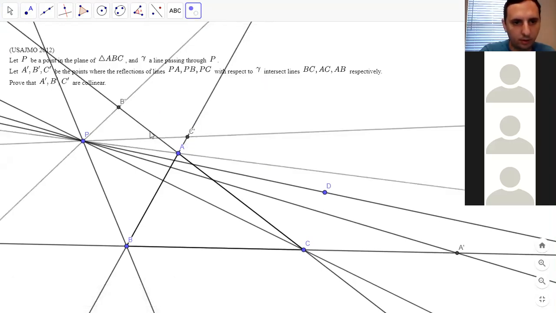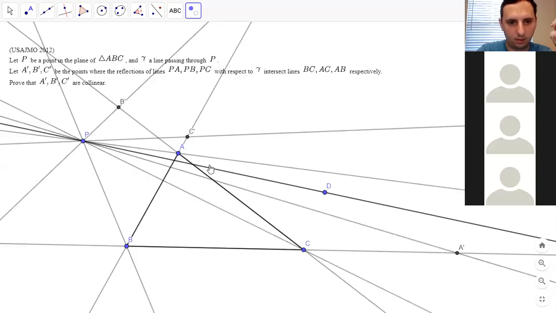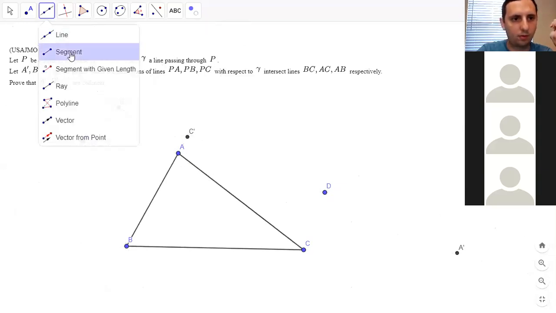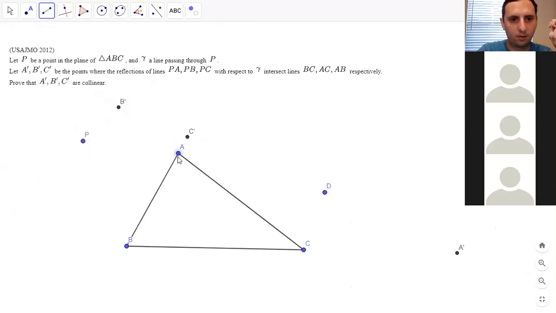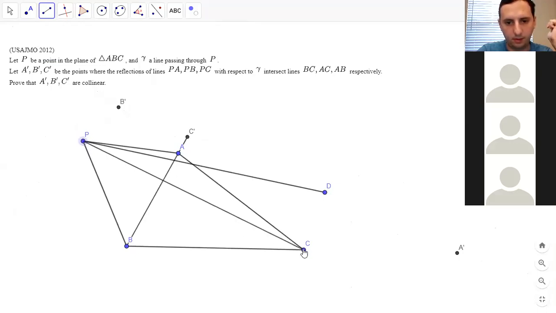Let's see, I'm just gonna hide a whole bunch of stuff and just draw the lines that I need. All right, so that's PA, PB, PC, and then like that.